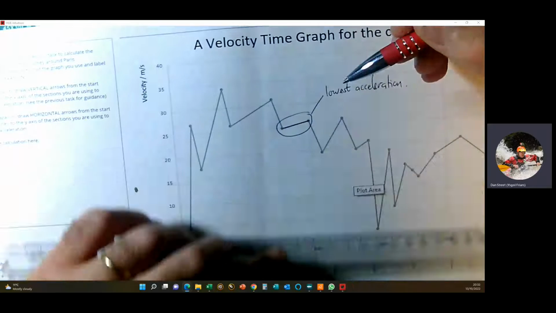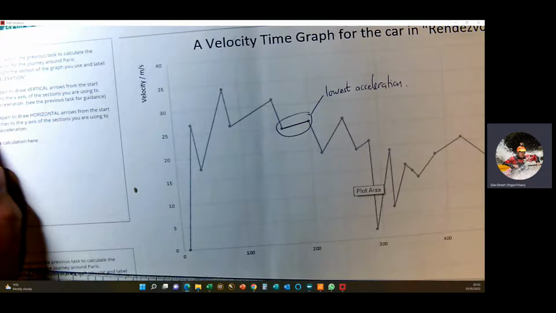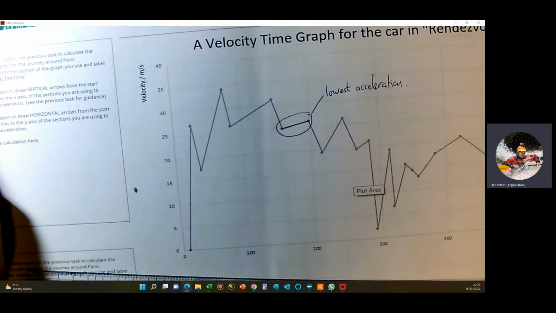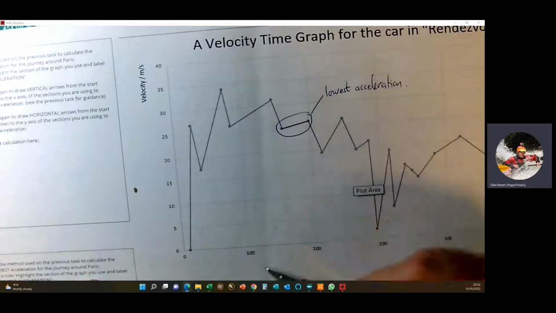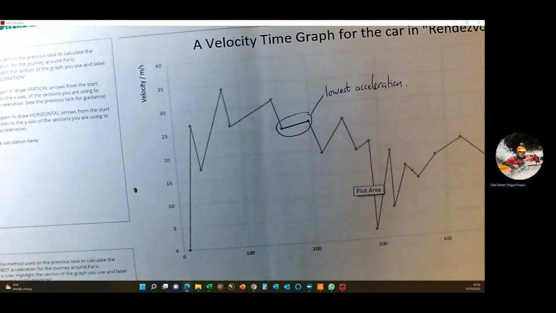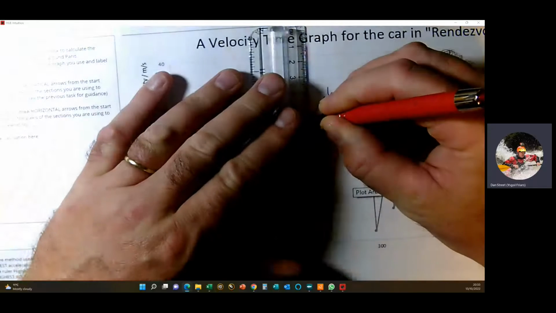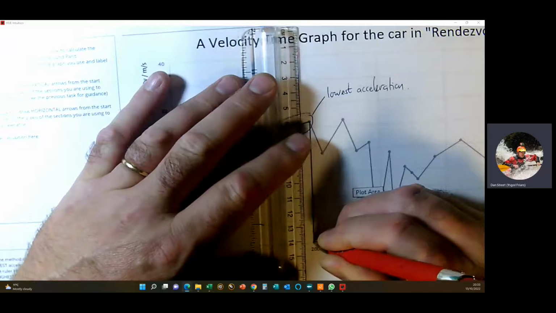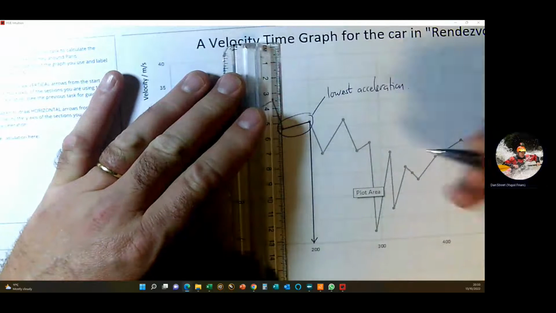Okay, and it says use a ruler again to draw vertical arrows from the start and end times to the x-axis of the sections you're going to calculate the acceleration. So this is the time axis across the bottom in seconds. We need to draw some vertical lines down in order to work out over what time period this particular part of the journey took.